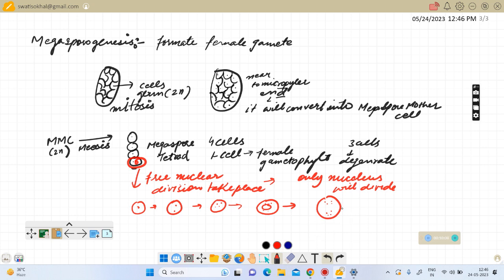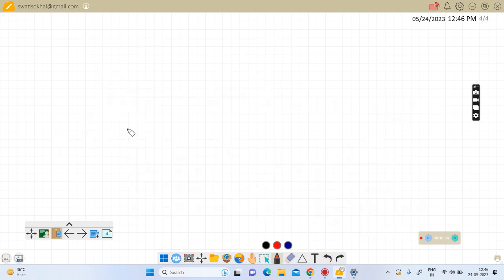Now, beta, cytokinesis will take place. After the cytokinesis, the cell will convert into the mature embryo sac. Let's see how it is converted into the mature embryo sac. This is the free nucleus cell.